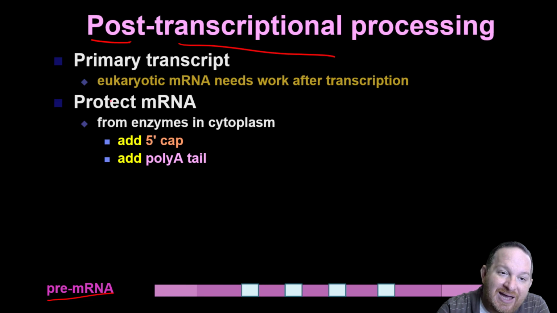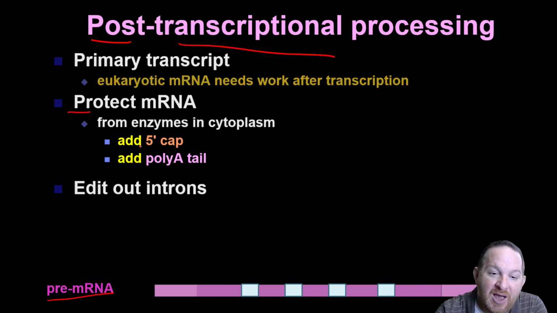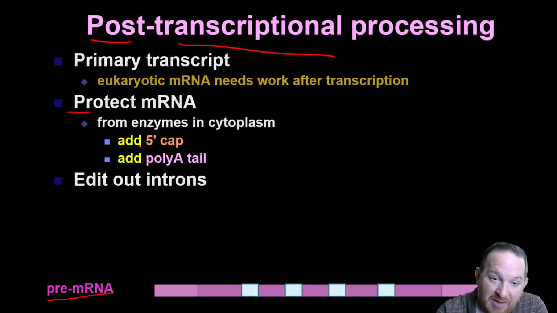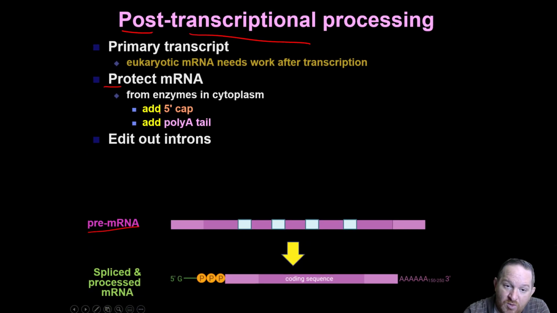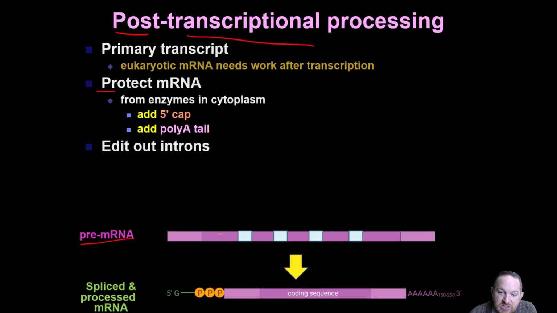Well, to protect the messenger RNA, we do a few things. One, we add a 5' cap to the 5' end. We also are going to add a poly A tail. So notice this. If this is our pre-messenger RNA, on one end, we're adding a 5' cap. That would be the 5' end. And then on the other, we're adding a 3' poly A tail.